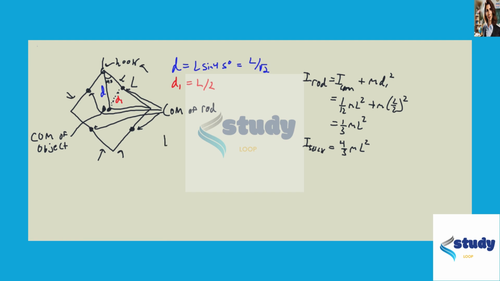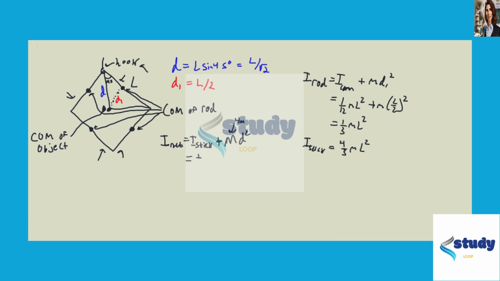Okay, now we need to figure out what the net moment of inertia is. Let me do this over here. I net equals I stick plus M, now big M, which is equal to 4 times little m, and this is now d squared, not d1 squared. So d squared, where d is the distance from the hook, which is the place it's hung from, to the center of mass of the stick system.